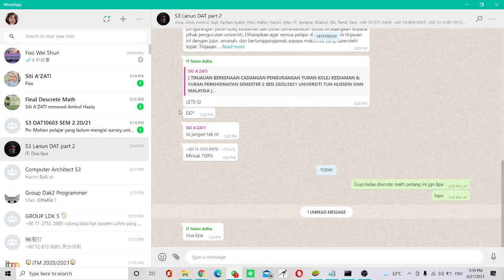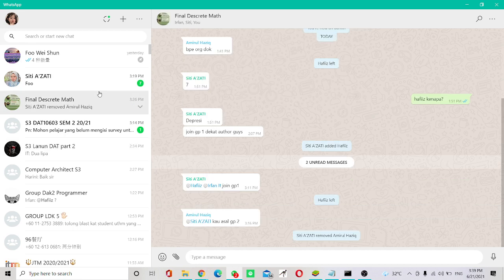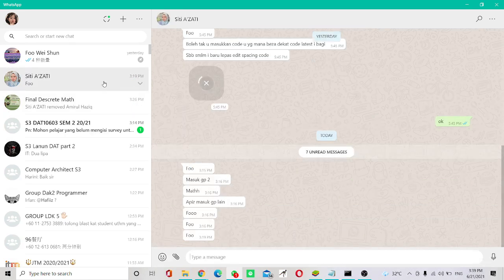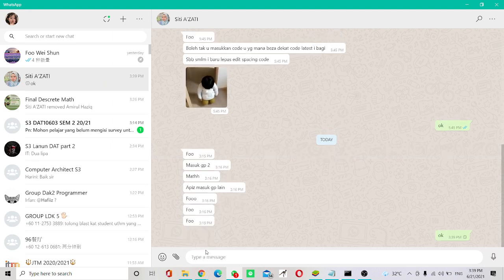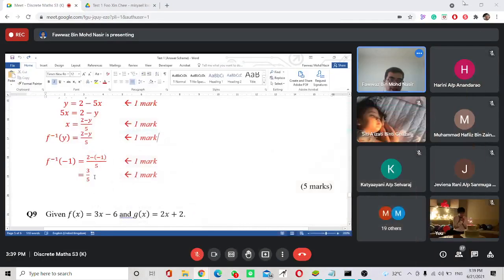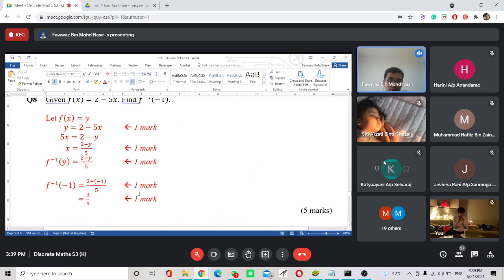Sebab itu pun ada markah juga. Then once you get the inverse function of f, you can substitute negative 1 into that function. So you should get 3 over 5 is the answer. Kalau korang punya step correct, you'll get 5 marks.